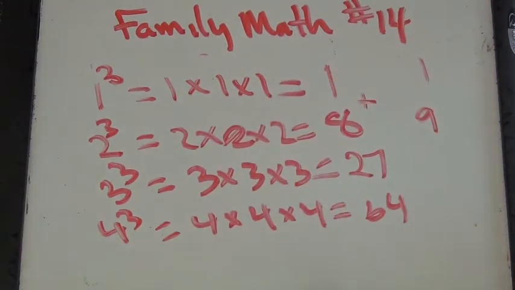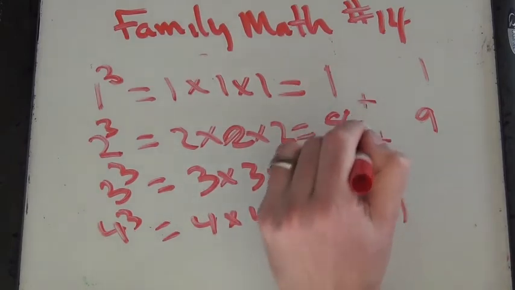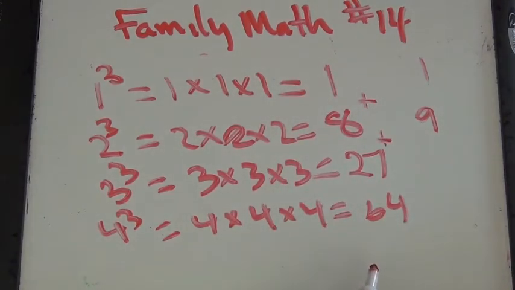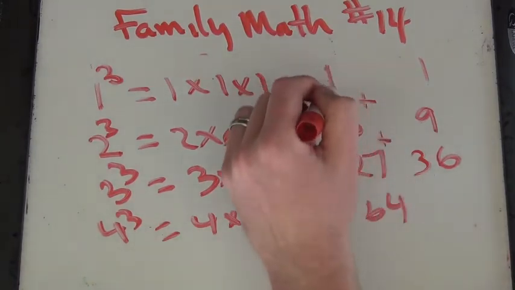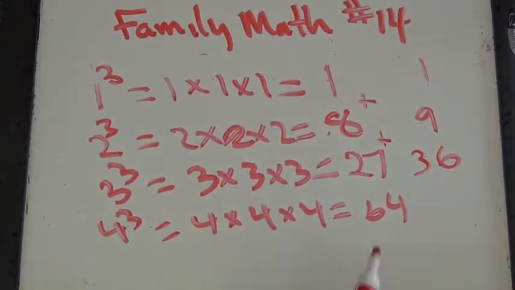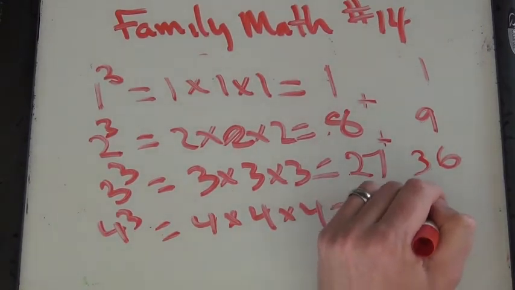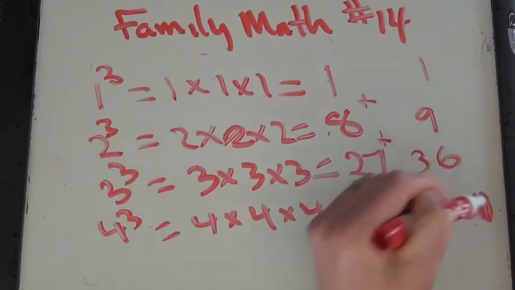And what is 27 plus 9? 36, very good. And if I go 1 plus 8 plus 27 plus 64, that's the same as 36 plus 64, and what's that? That's 100. Interesting. Oops, not 1,000, 100.